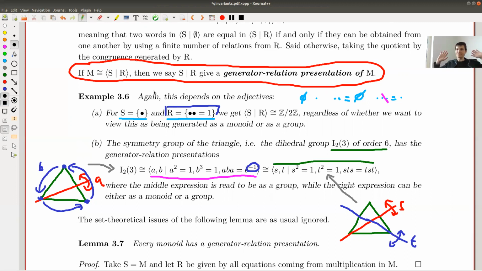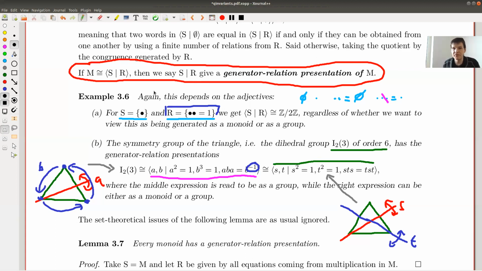So the point here is you have a group that arises in the wild, the symmetry group of a triangle, and you found the generator and relation presentation. And the generator and relation presentation won't be unique. Here are two different ones. So these are certainly different as generators and relations. The group they generate is the same.